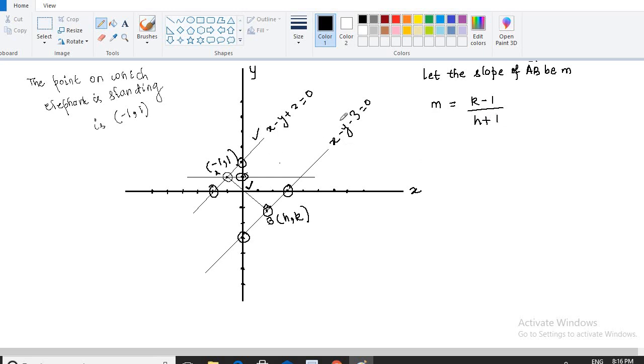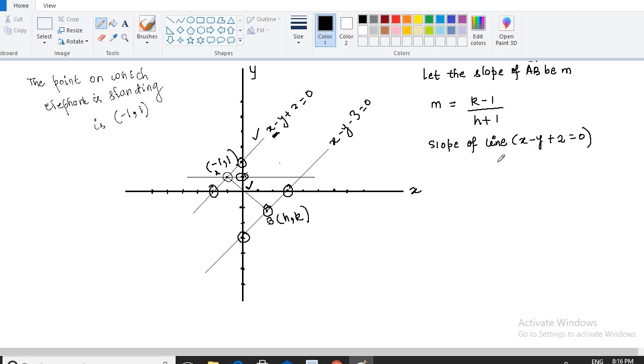Now what is the slope of this line? Let's find out the slope of the line x minus y plus 2 equal to 0.